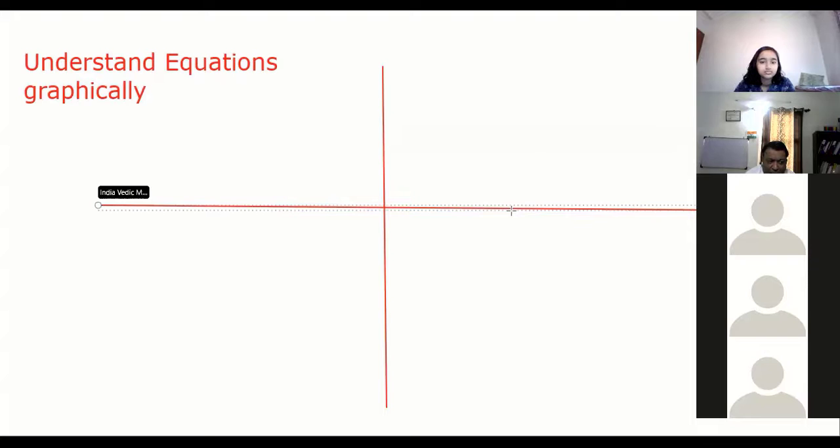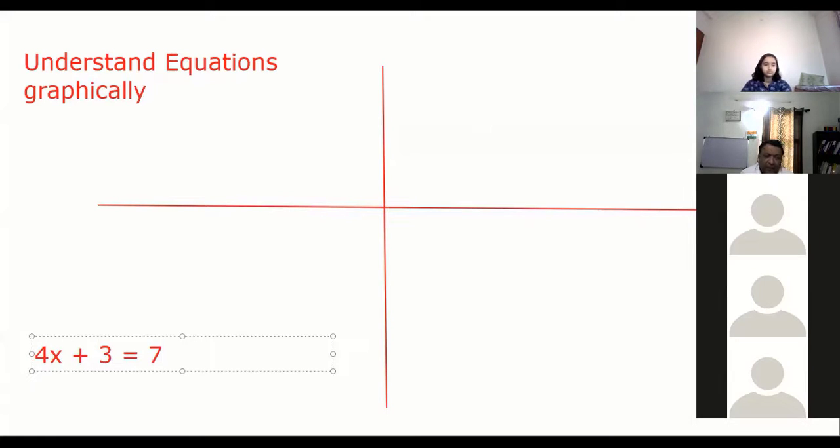If it is a linear polynomial, for example, it can be 2 variables also. I am putting 1 variable only, 4x plus 3 equal to 7. It's a linear, right?